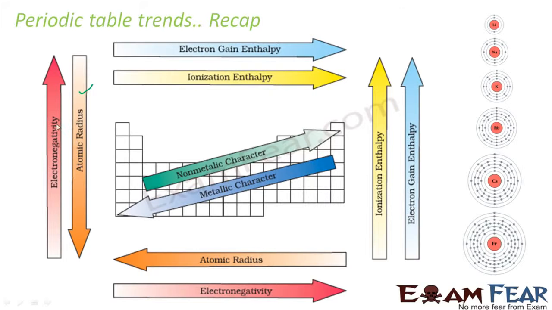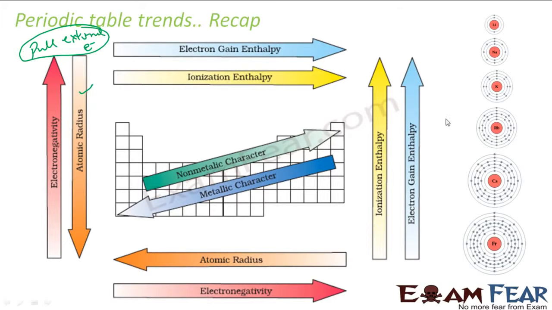If you talk about electronegativity, what is electronegativity? Electronegativity is nothing but the ability of an atom to pull an external electron. If you see here, the moment you go down, the nucleus is away from the surface. So the distance is increasing, and the ability of the nucleus to attract an external electron is decreasing.